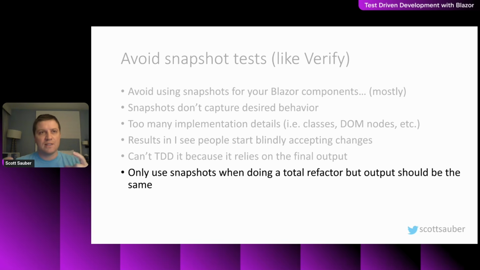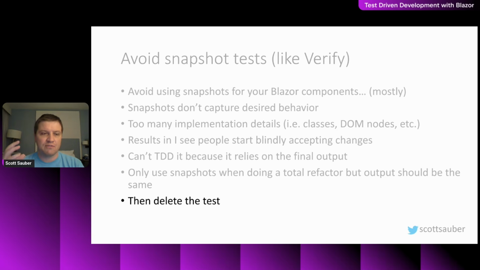I'll create that test, add the snapshot, then do my refactor, and make sure the test still passes and the HTML is still the same. Because if my intent is just reworking the logic but the output should still be the same, I will have that test verify that. But afterwards, I delete the test because it basically proved that I didn't break something. Going forward, I don't want to maintain that test. So that's just kind of what I do.